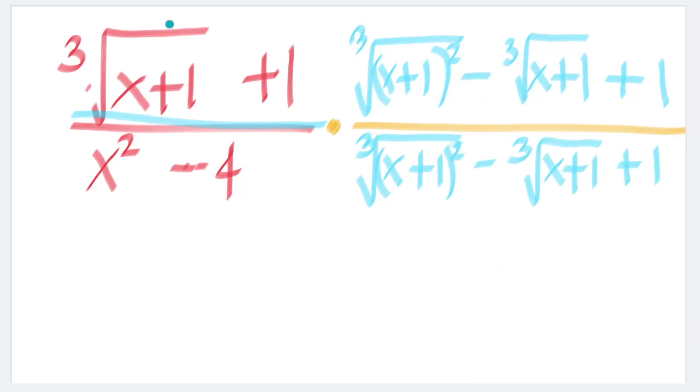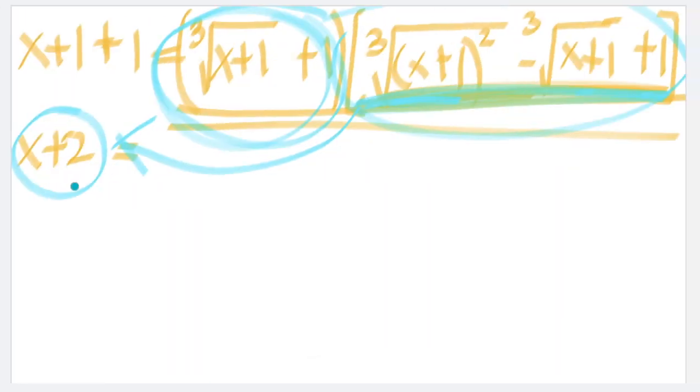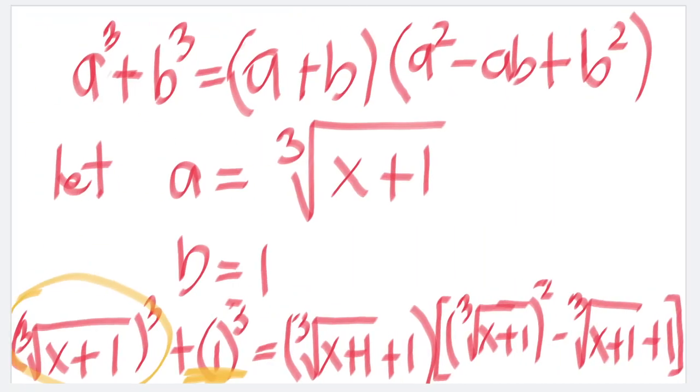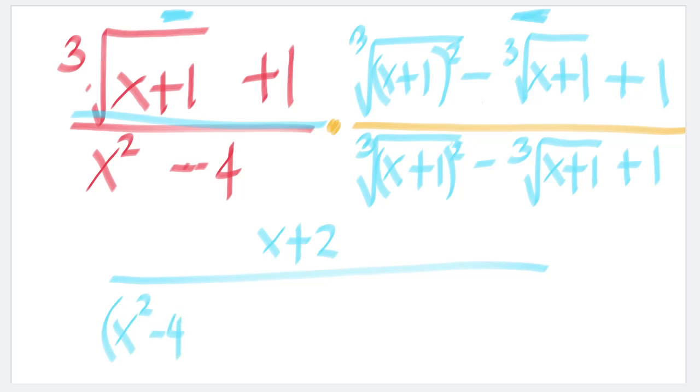So this one multiplied to this term is just equal to x plus 2. So this is equal to x plus 2 over quantity x squared minus 4, but x squared minus 4 can be factored also.